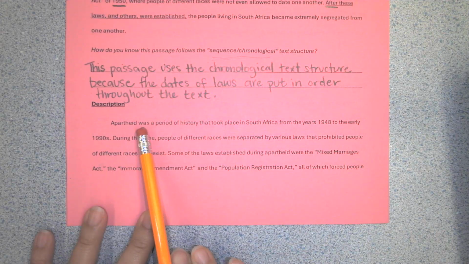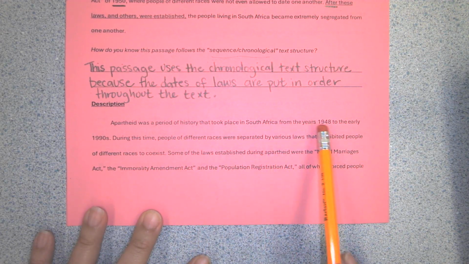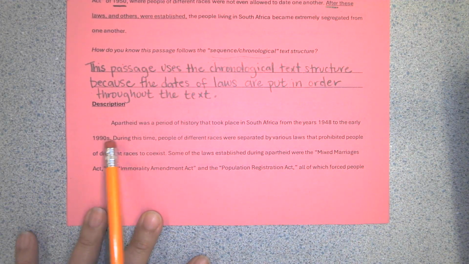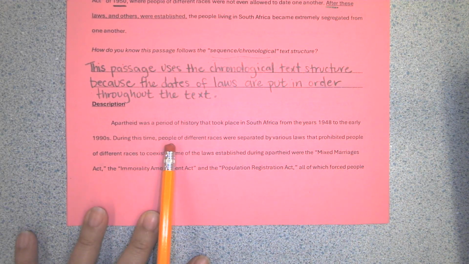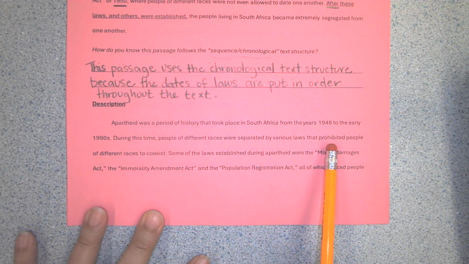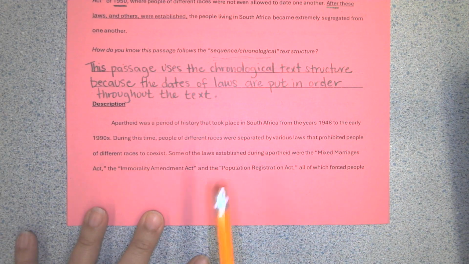Apartheid was a period of history that took place in South Africa from the years 1948 to the early 1990s. During this time, people of different races were separated by various laws that prohibited people of different races to coexist.